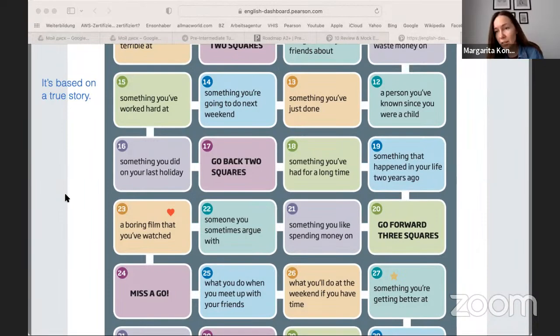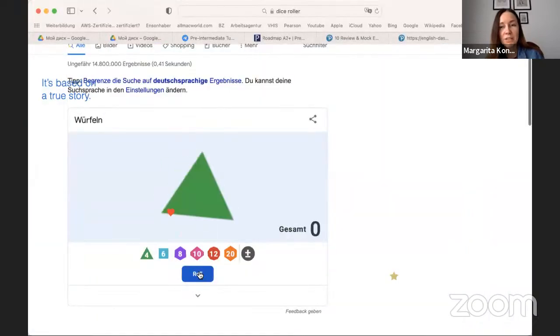Did he kill many people? Yes, only boys. Oh my God. Did the police catch him? Yes, of course. That is good news, right? Lovely.